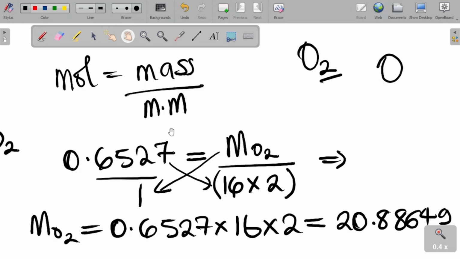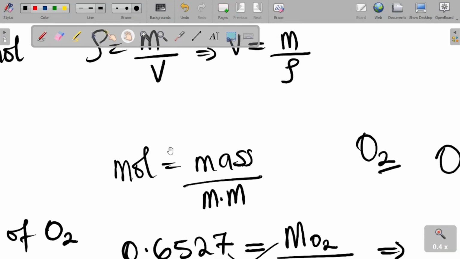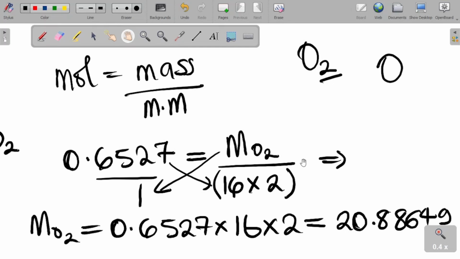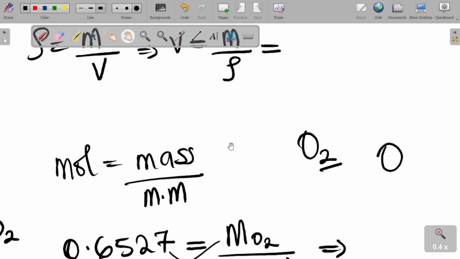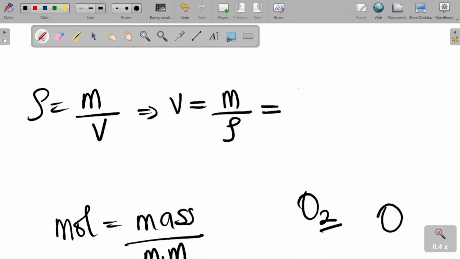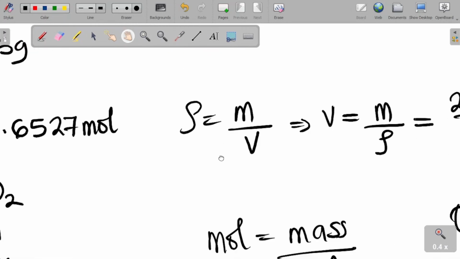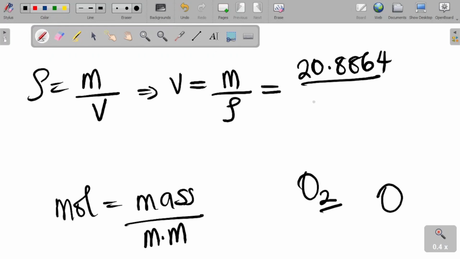We're asked to find the number of liters, which was the volume. And we said volume is equal to what? Mass over density. The mass from the question here is 20.8864, that's the mass, all over the density from the given question, which was 1.309. So all over 1.309.